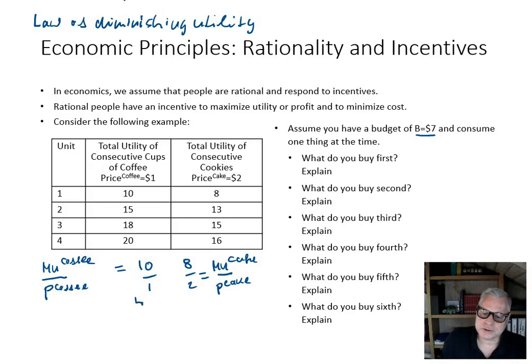So the first ratio is 10, so you get an extra utility of 10 per dollar spent, whereas if you bought a cake you would get only 4 units of utility per dollar spent, because 8 divided by 2 is 4. So in this case this would be greater.